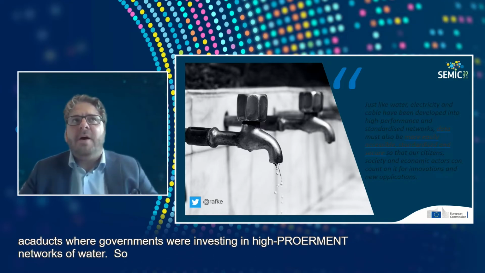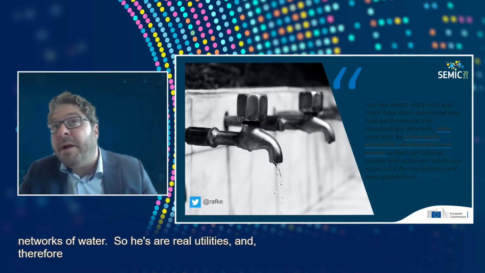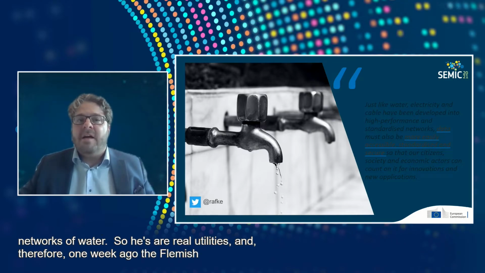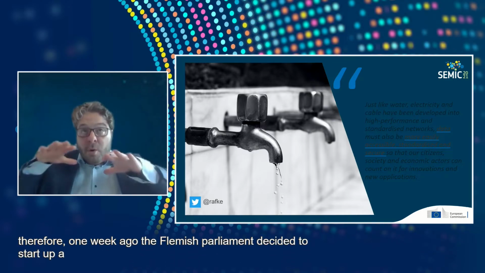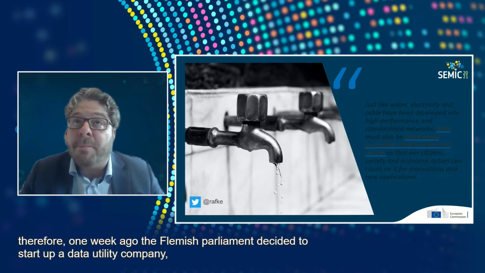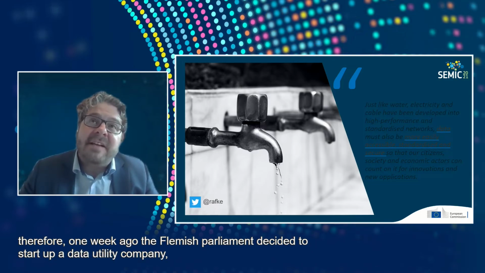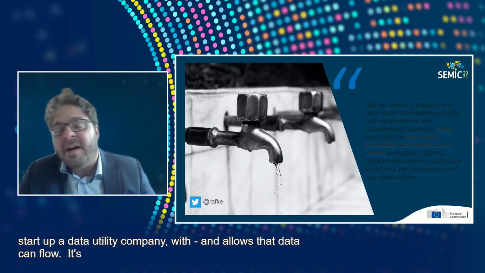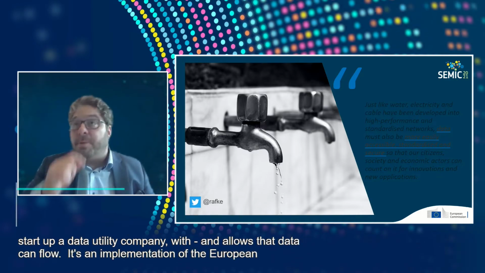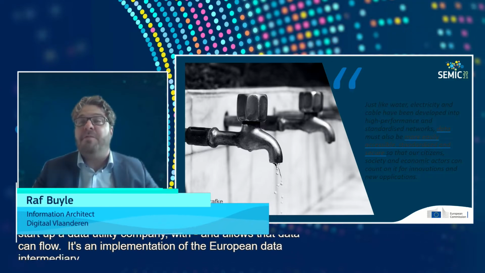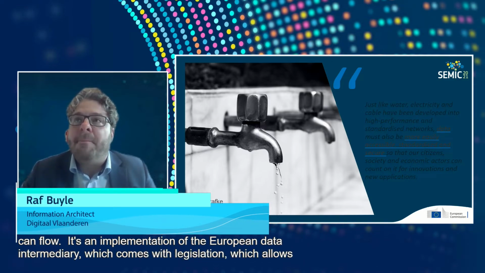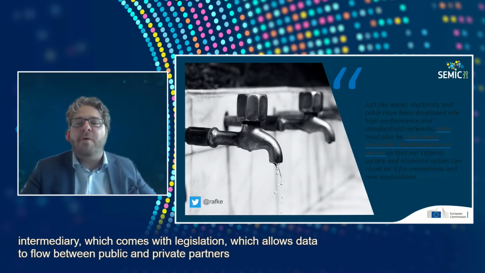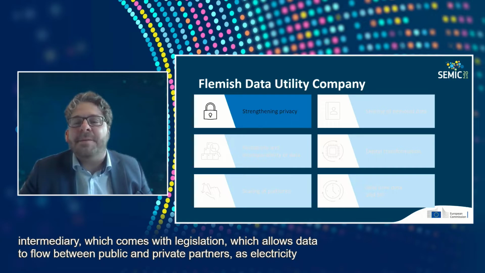And therefore, 1 week ago, the Flemish Parliament decided to start up a data utility company, which lowers the borders of companies and allows data to flow. It's an implementation of the European data intermediary, which comes with legislation which allows data to flow between public and private partners as electricity, gas, and water are already flowing. Let's jump to the next slide.